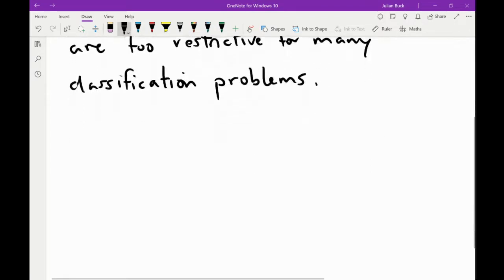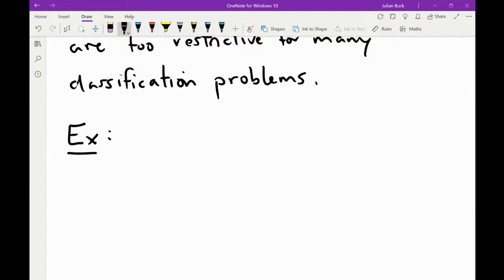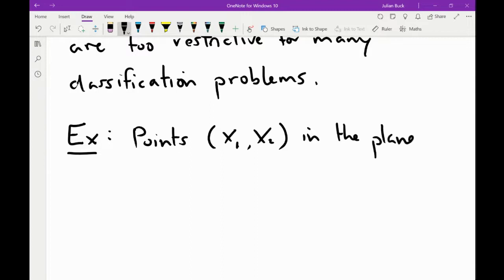Okay. So let's consider an example of how this might happen. Let's say we have two features, x1 and x2, in the plane, which form two classes.